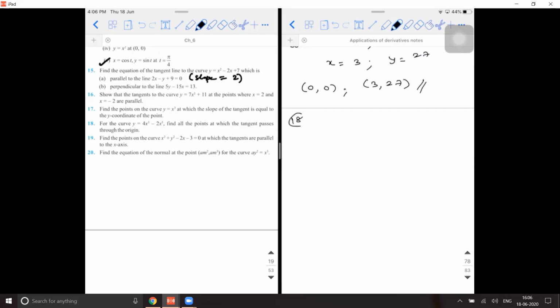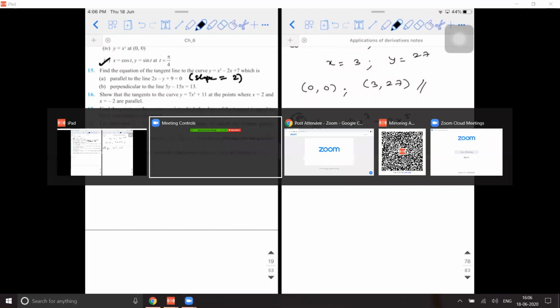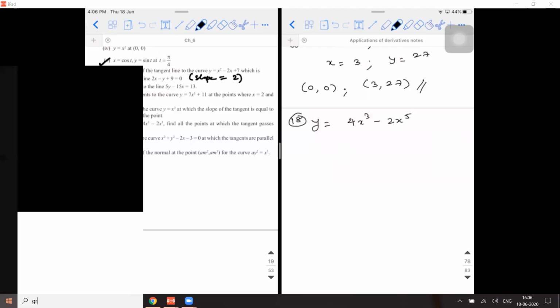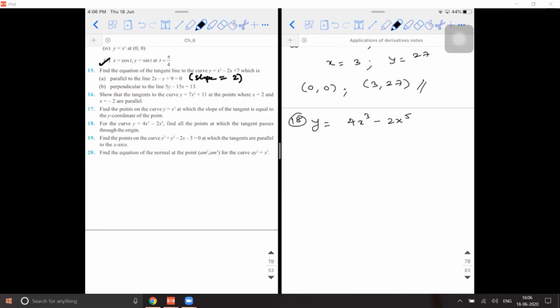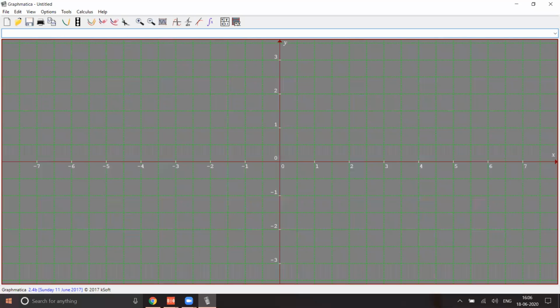If you look at it, what they're asking is, if y is equal to 4x cube minus 2x power 5, let's check how the graph is going to be. So this is how the curve is.